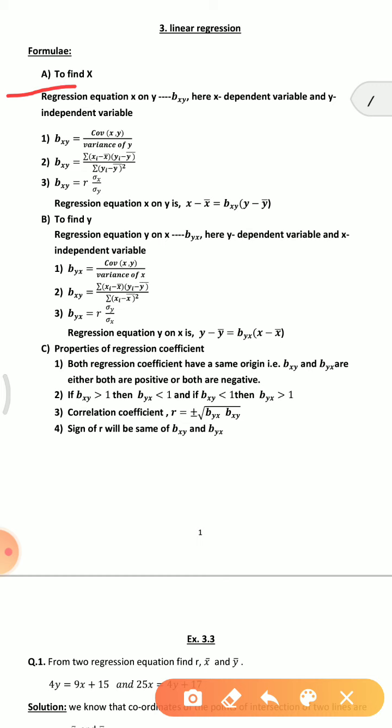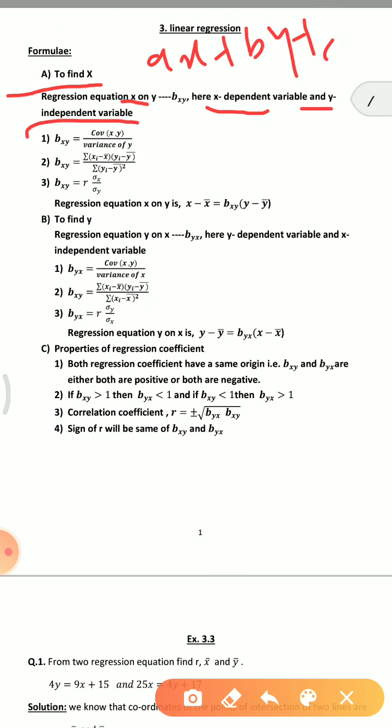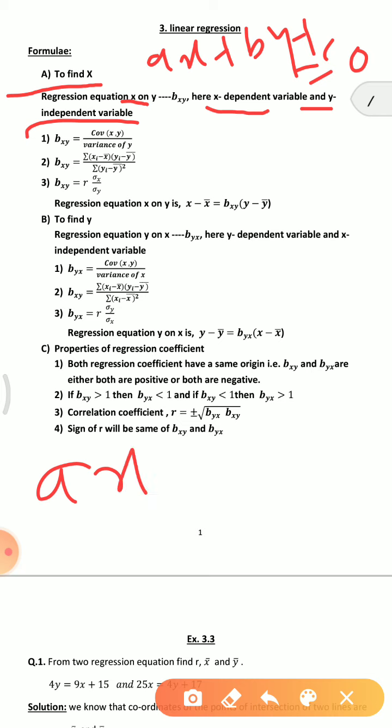First, to find x, that is the regression equation x on y, we need b of xy. Here x is the dependent variable and y is the independent variable. If we are given the linear equation ax plus by plus c is equal to 0, and we have to find b of xy, then ax is equal to minus by minus c.